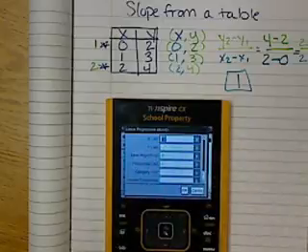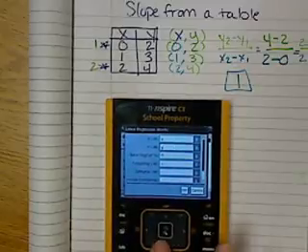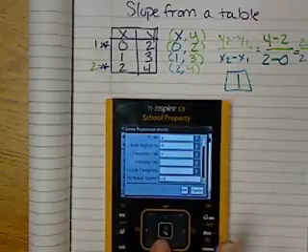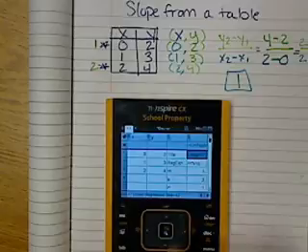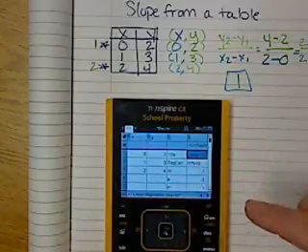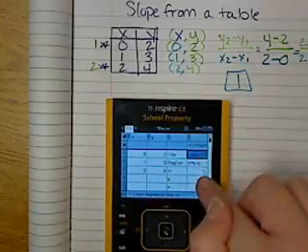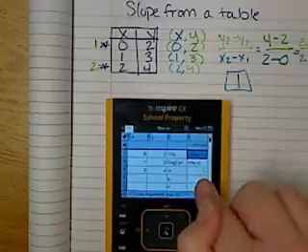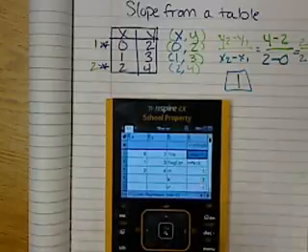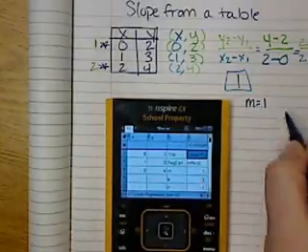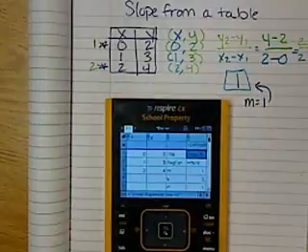And then it's going to ask for some information. So the x's are going to go with the x list, the y's are going to go with the y list, and then I can just go down to OK. And it gives you all this information. Well, what we've learned is that m equals slope, and this says 1. So if m equals 1, that must mean that the slope is 1, which is what we got over here.